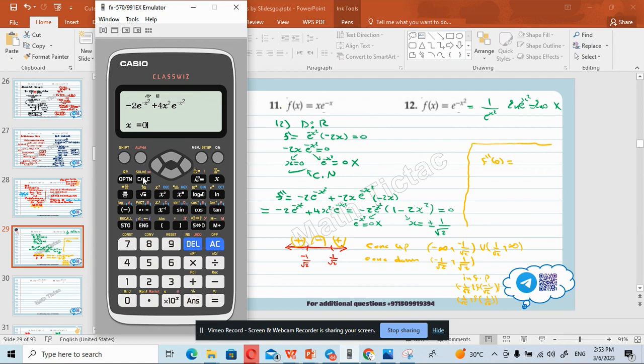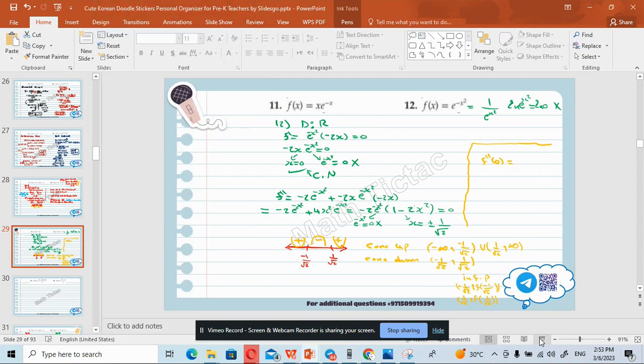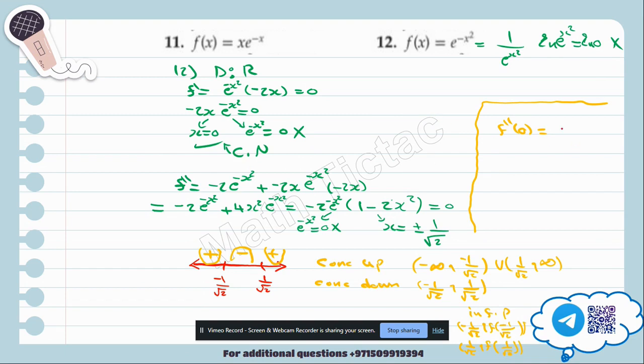Calculating at 0, this is equal to minus 2, which means that it's a local max, since it's less than 0. That's it.